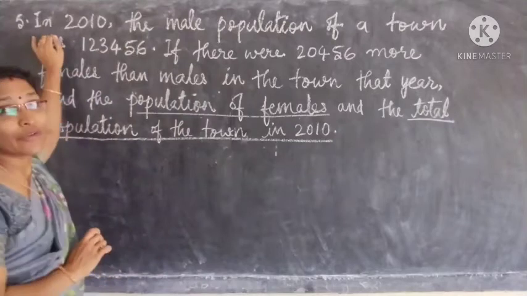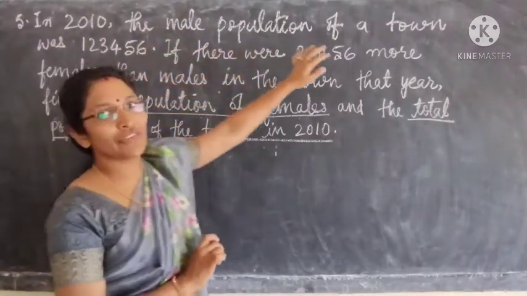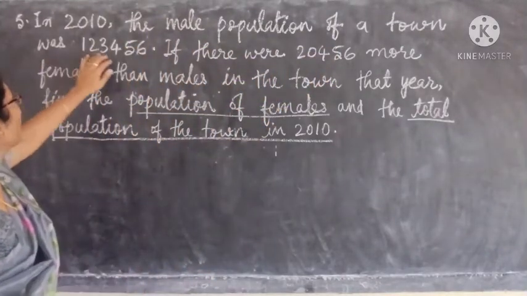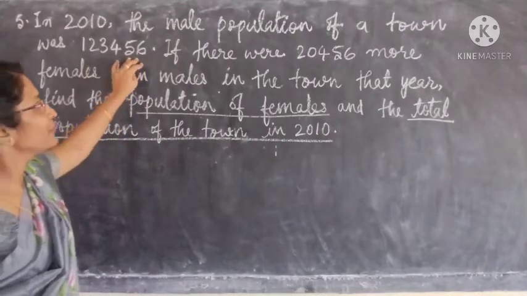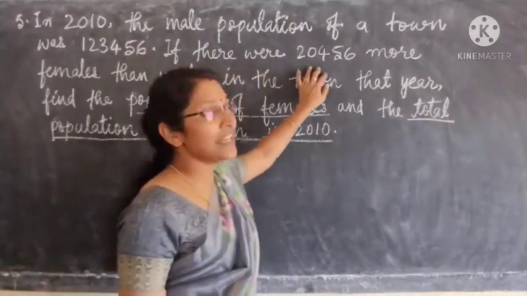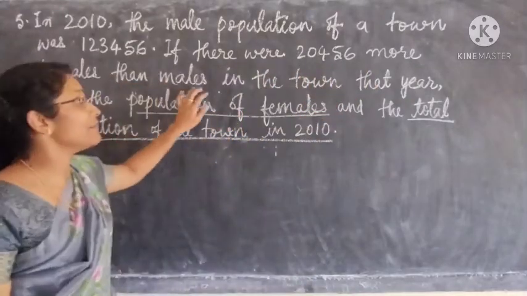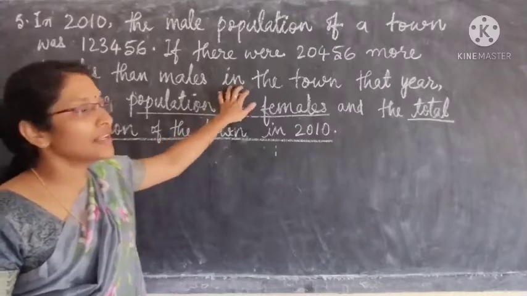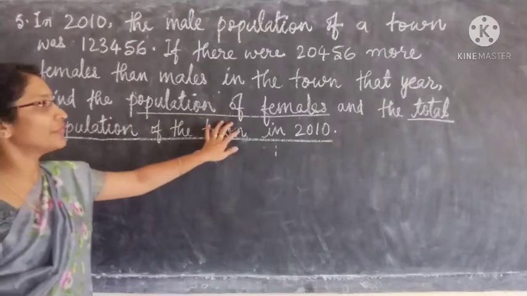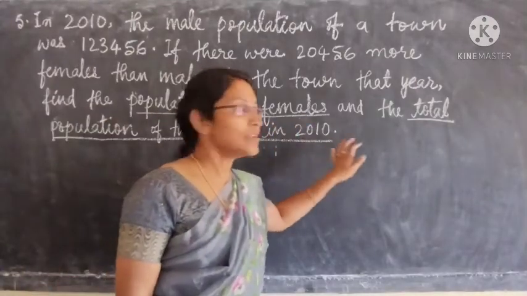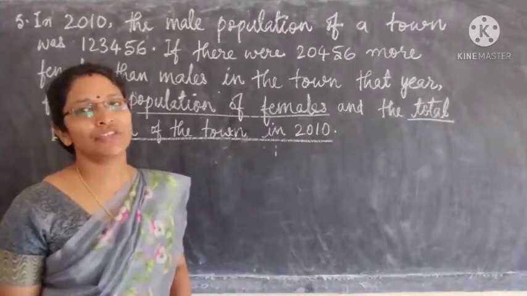Question number 5. In 2010, the male population of a town was 1,23,456. If there were 20,456 more females than males in the town that year, find the population of females and the total population of the town in 2010.